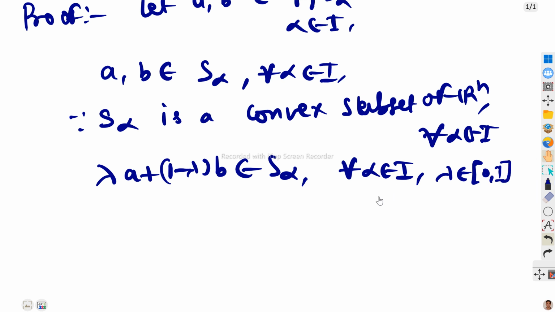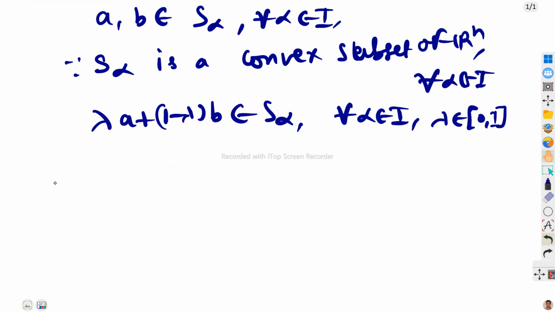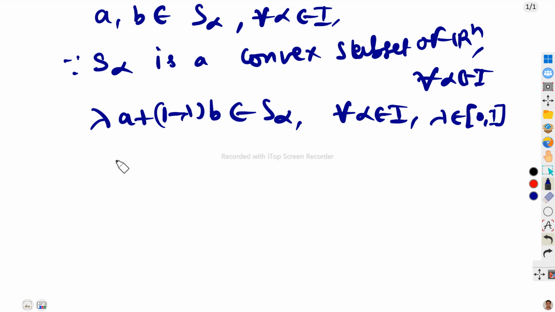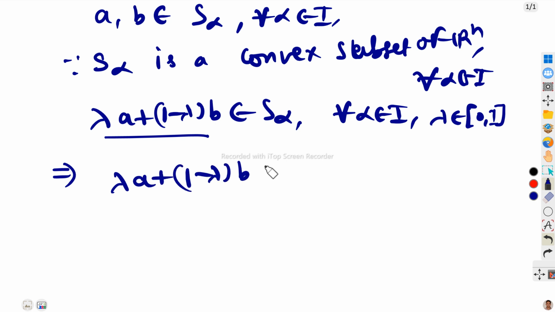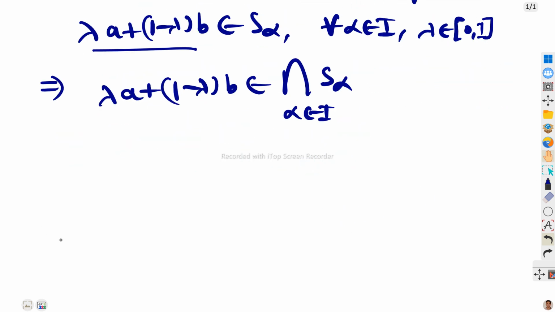Since this element lies in all the S alpha, lambda A plus 1 minus lambda B lies in the intersection of all S alphas. So what we have shown?